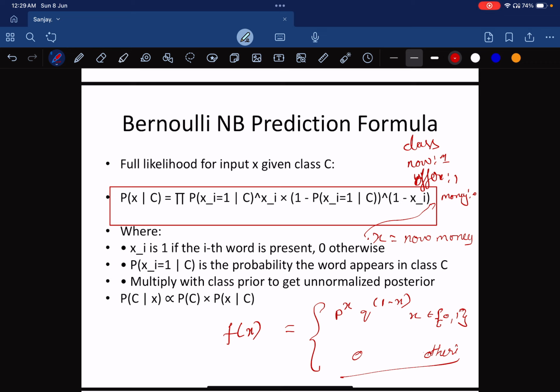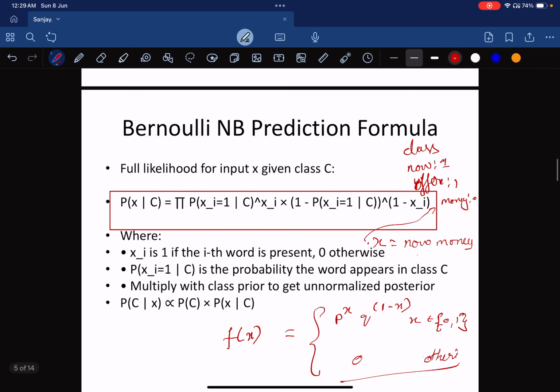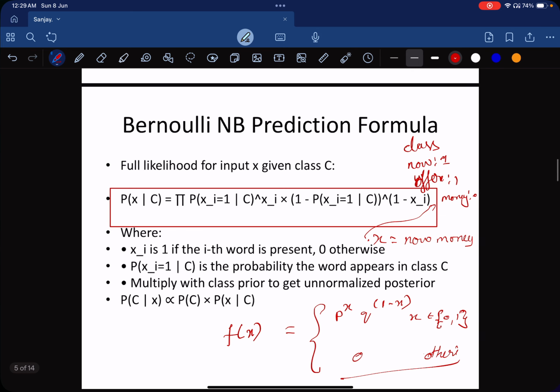First, we find the probability of a single word belonging to those classes. As you can see, this data is separated into individual words, and each word is independent of the others, and we first find the probability of now in this class. The word now is present one time, right?